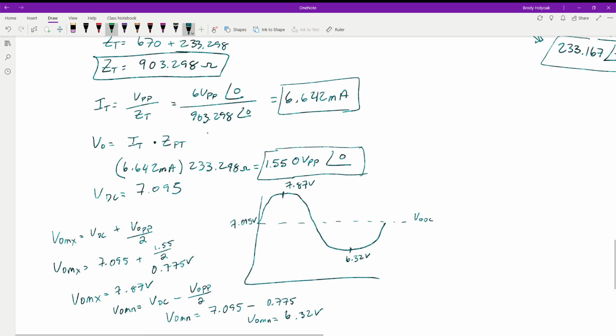In comparison to our VN, oops, try and draw these somewhat to scale. Anyway, so this is our -6 or our -3 volts.